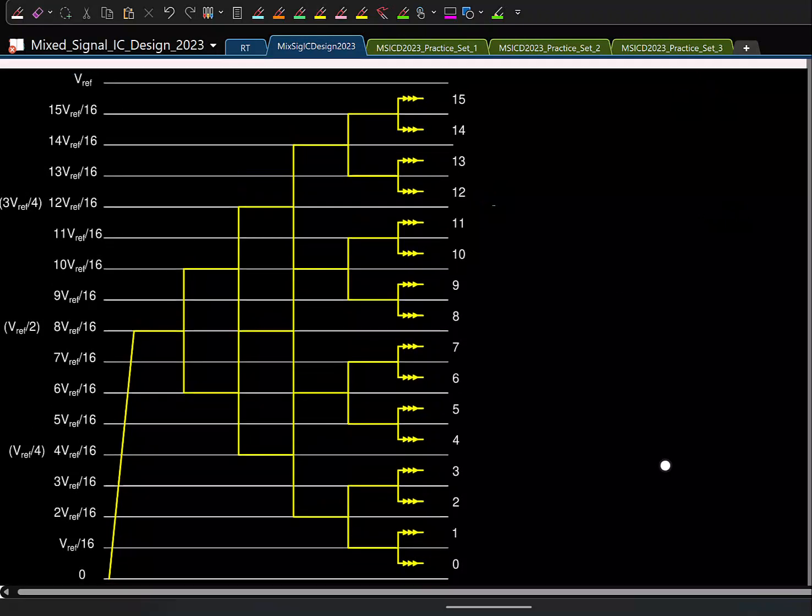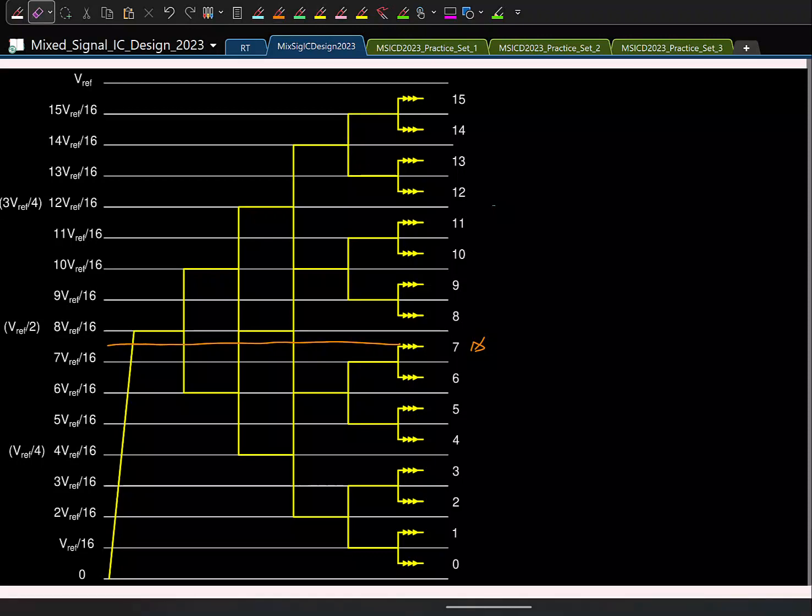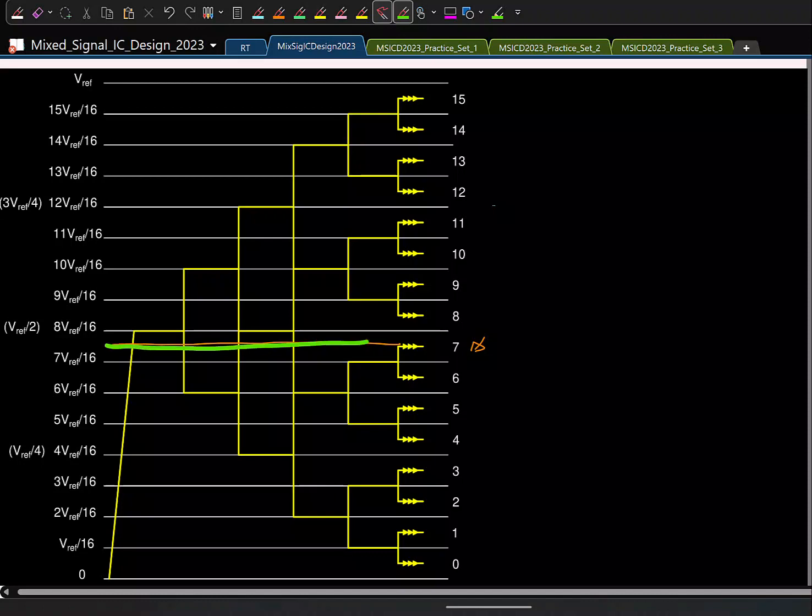As we saw in the example, if the input is somewhere here, even if I make a wrong decision, I can come back to the correct output code. So that should make you ask the question, right? How much error can I make in this comparison that I can still get the correct output? Right now, if the input is here, we know it is okay.